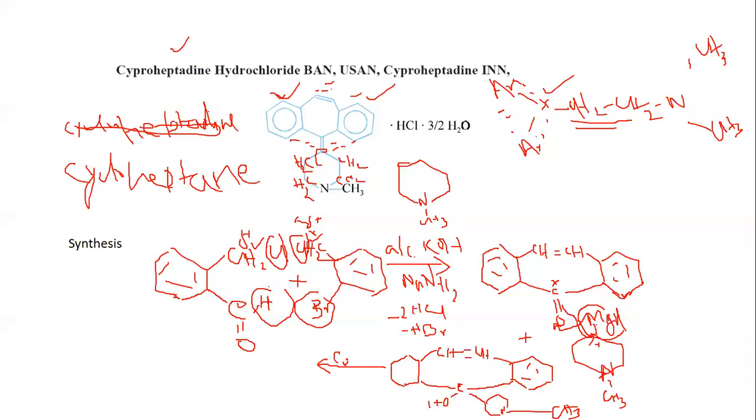So just add concentrated H2SO4. So what will be eliminated? OH and one hydrogen from here will be eliminated. So minus H2O, and you will get the structure of cyproheptadine.